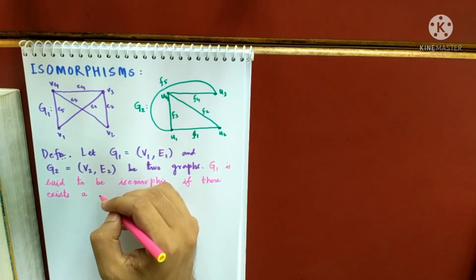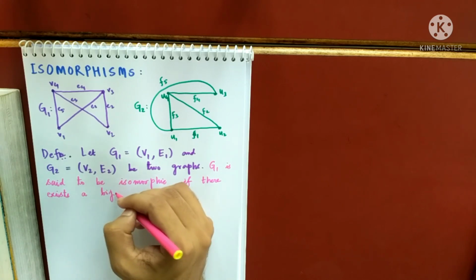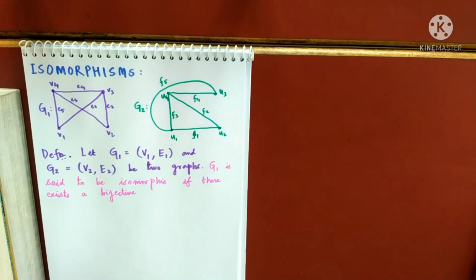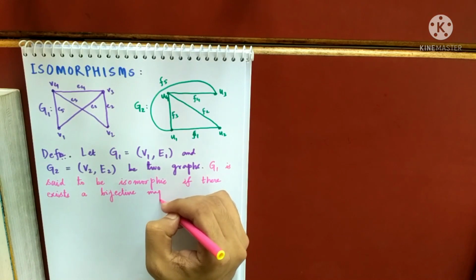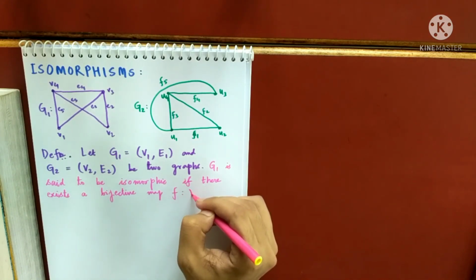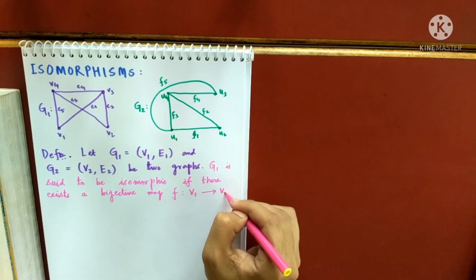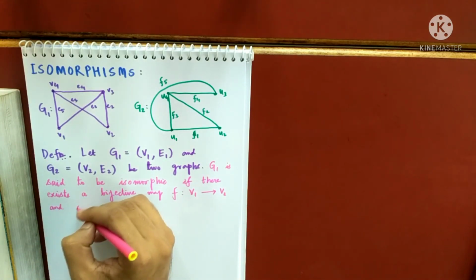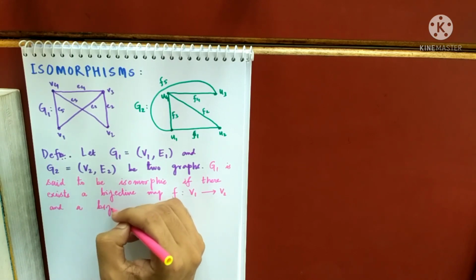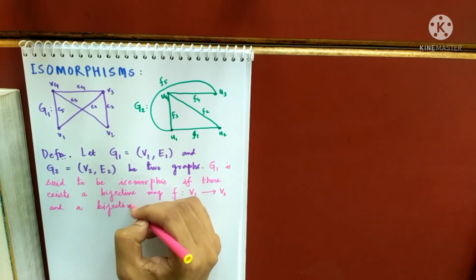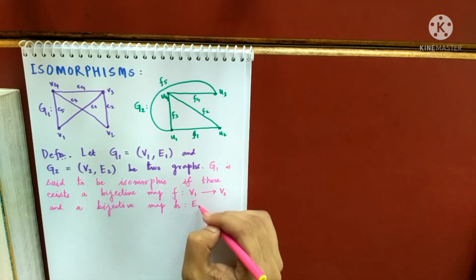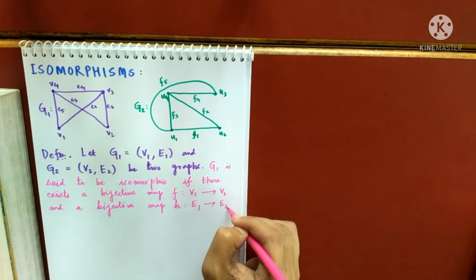One-to-one correspondence means bijective, so instead of writing one-to-one, I'll write bijective. If there exists a bijective map f from the vertex set of G1 to the vertex set of G2, and a bijective map h from the edge set of G1 to the edge set of G2.